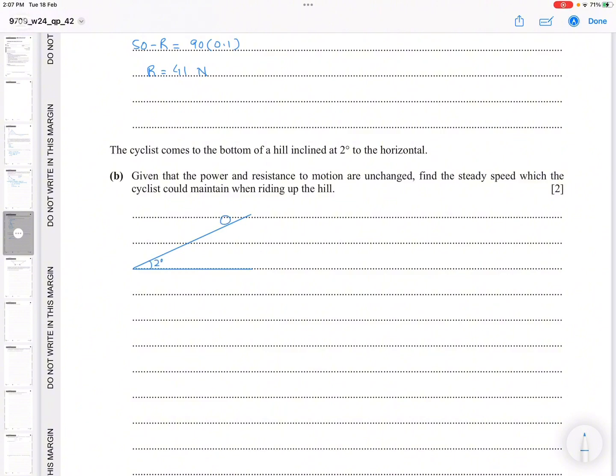So suppose from here this is our driving force, and in the opposite direction is our weight, mg sine 2 degree.